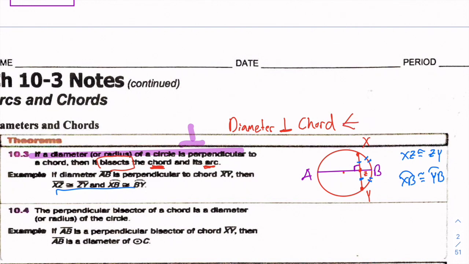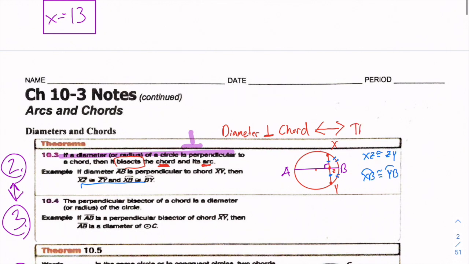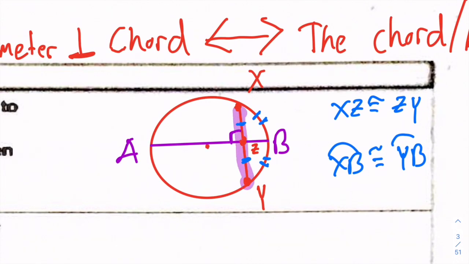This would then state that the chord and the arc are bisected. Okay. This is the key. It needs to be perpendicular. If you see it's perpendicular, it's gonna cut the chord in half evenly, and it's gonna cut the arc in half.